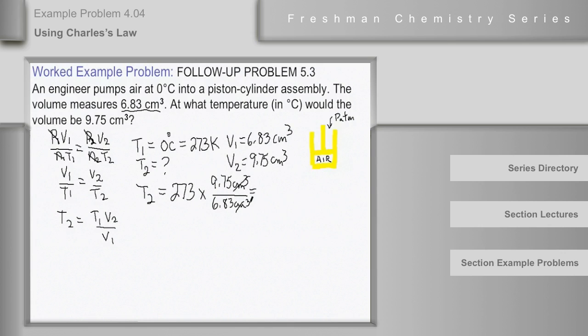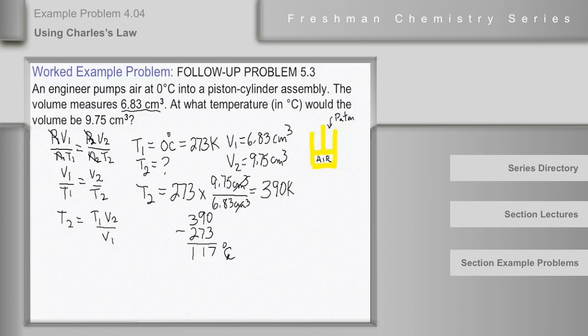This is just a conversion factor, and this will give us about 390 Kelvin for T2. But the answer needs to be in degrees Celsius, so 390 kelvins minus 273 is 117 degrees Celsius.